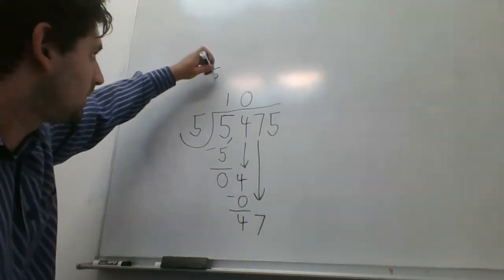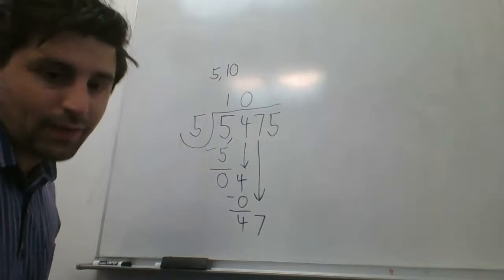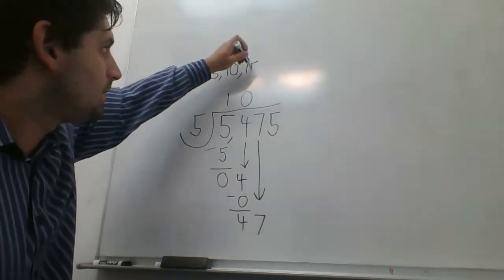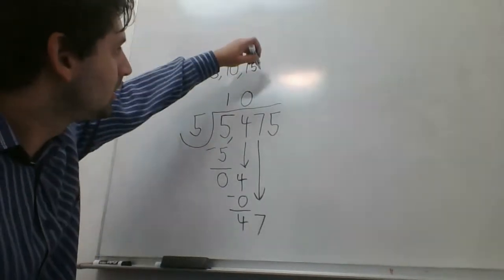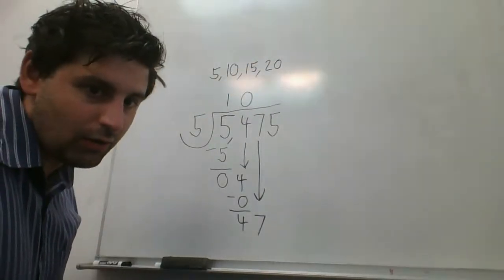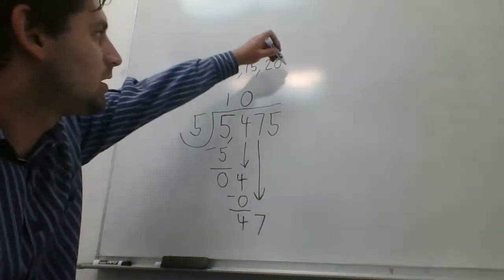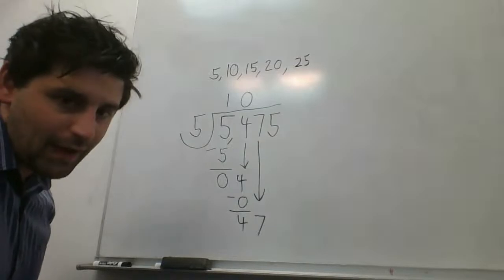That's one group of 5. 10, 2 groups of 5. 15, 3 groups of 5. 20, 4 groups of 5. 25, 5 groups of 5.